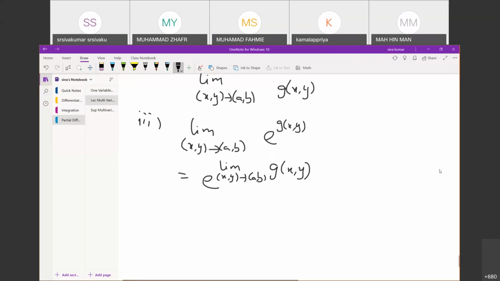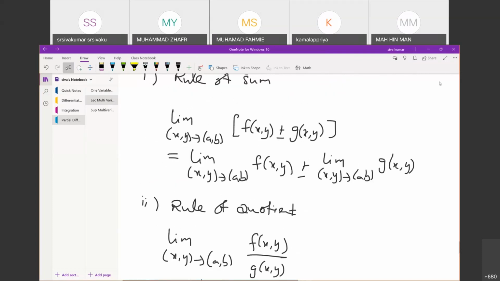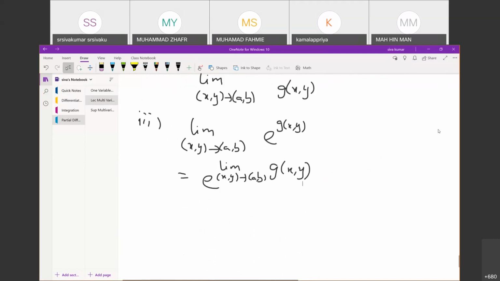Up to here we have done the limit. With these properties, it's similar, because you use your previous knowledge of limits and apply it here. Now we're going to add some more rules to proceed with limits.